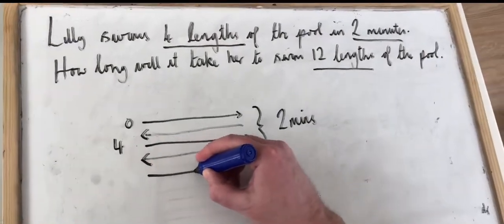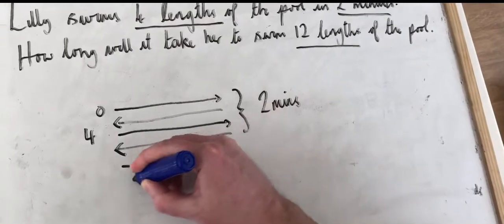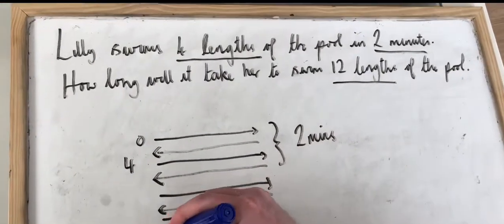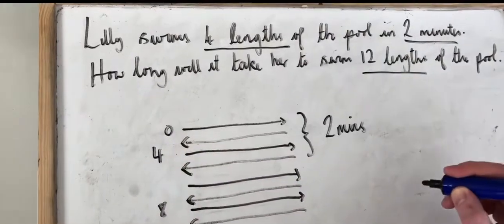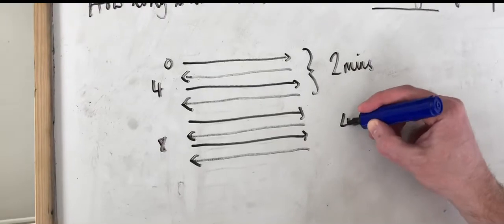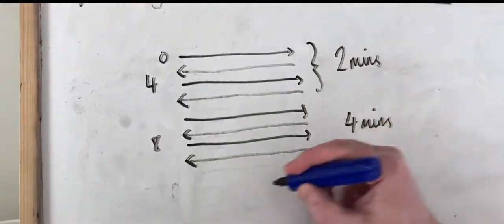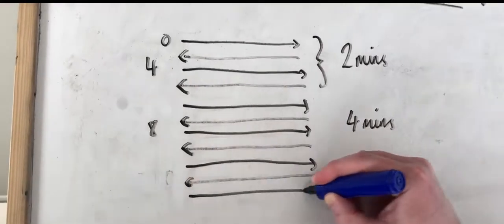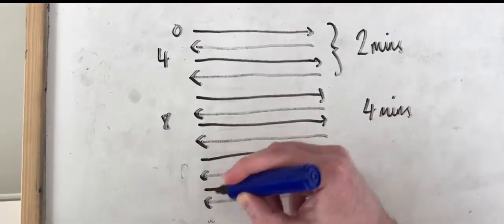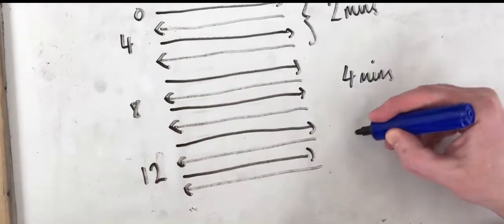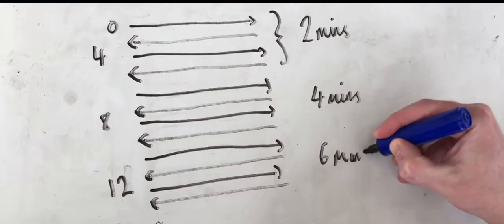So if she swims another 4 lengths, that will take her to 8, and altogether it will be 4 minutes. And then if we swim another 4, that will take us to 12 lengths and 6 minutes.